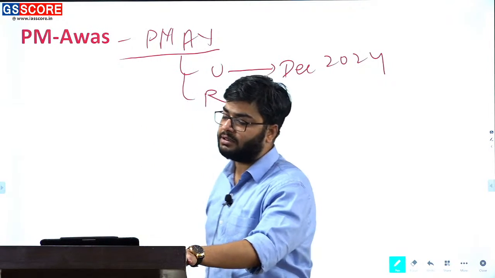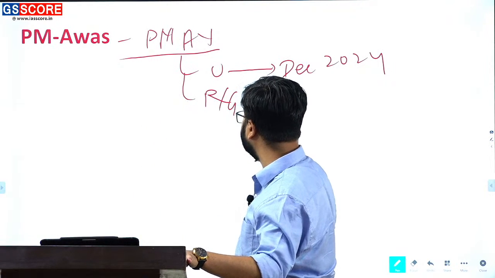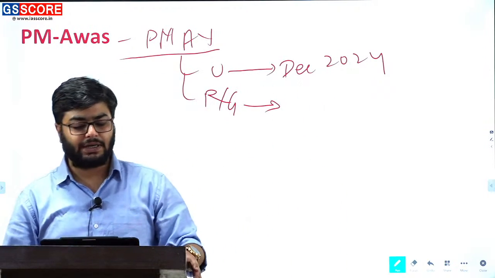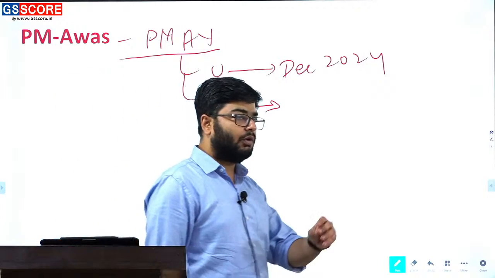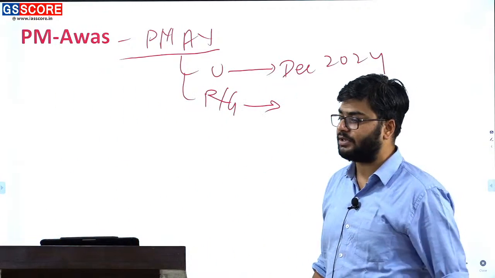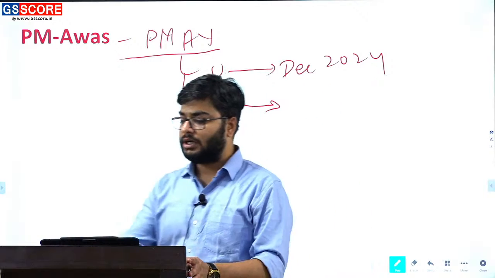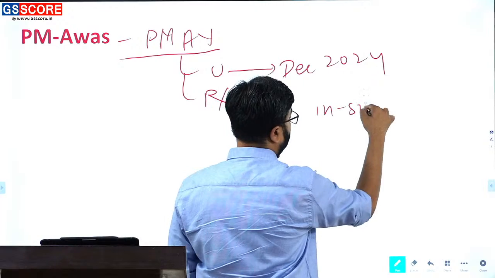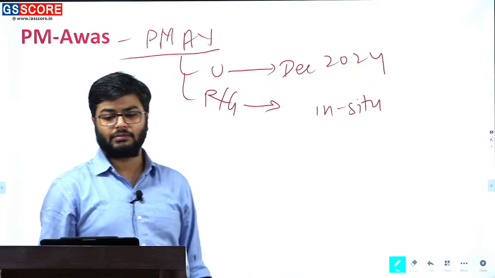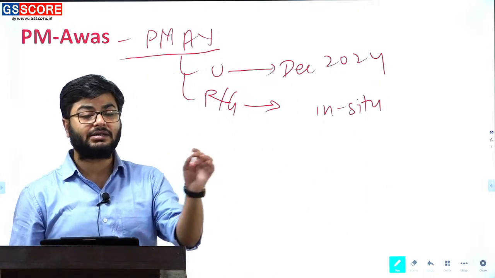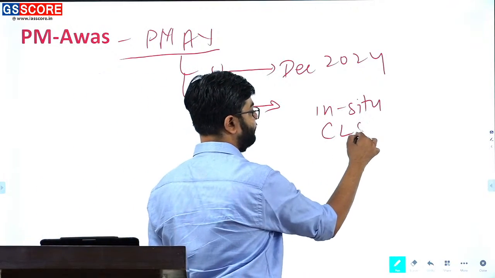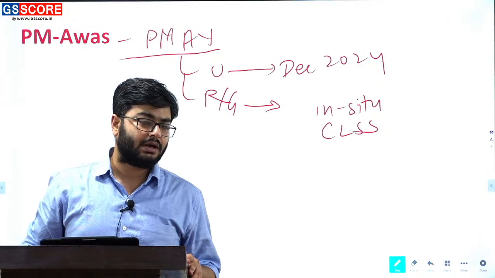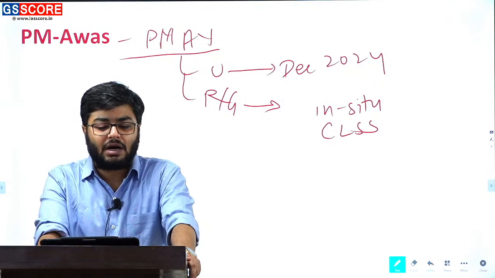Okay, and Pradhan Mantri Awas Yojna rural or Grameen again by 2024. Now, if you look at the critical features of this, it is about in situ development, in situ, on the same site. It has a credit linked subsidy scheme. That means you take a loan and the government will provide subsidy to provide affordable housing.